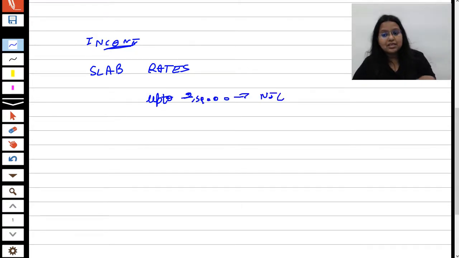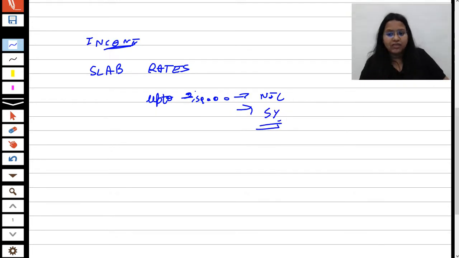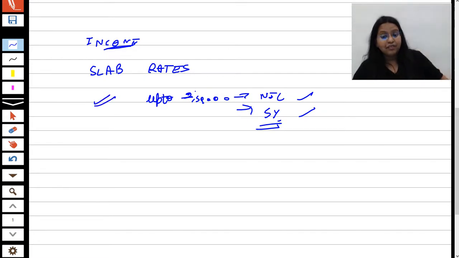But if that person is earning greater than rupees 2,50,000 but up to rupees 5 lakhs, the person has to pay 5% of the income. Now, as we can clearly see, the tax rates are different from person to person, because if a person is earning low income, the person has to pay low taxes. But if a person is earning high income, that person has to pay high rates of taxes.